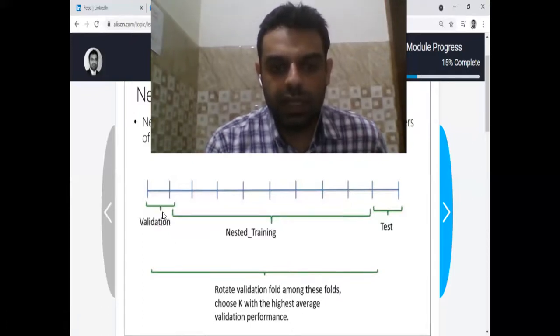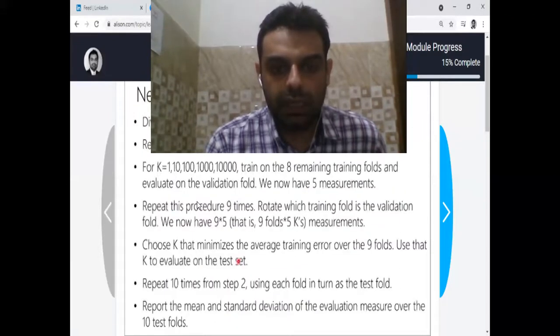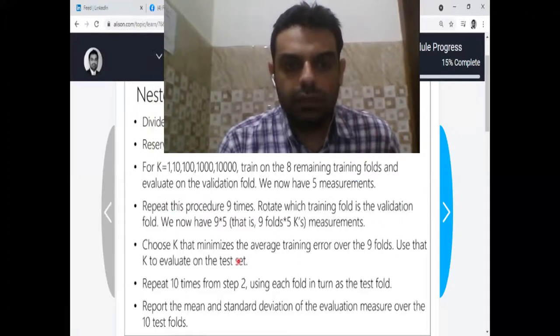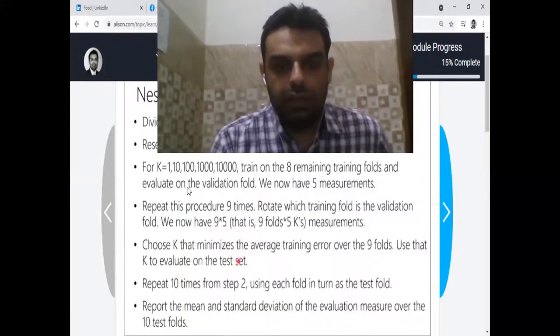Now this becomes the validation fold. In the next phase, this becomes a validation fold. This happens for each test fold, so this will happen 10 times. We divide the data into 10 folds. One is reserved for the test fold. We reserve one for validation in the 9 training folds, and we choose the values from 1, 10, 100, 1000, 10,000.